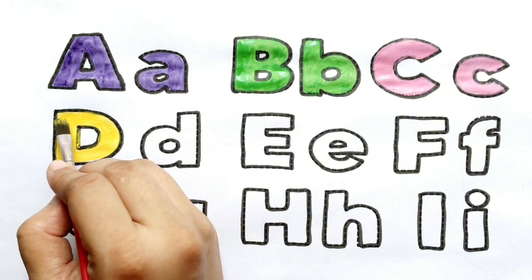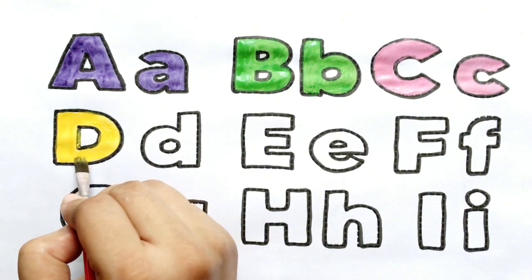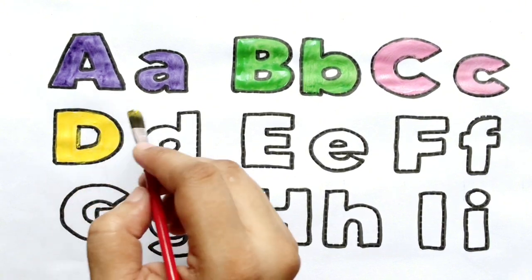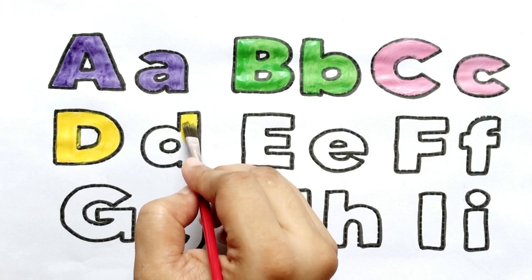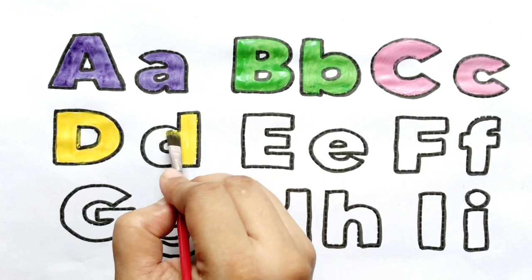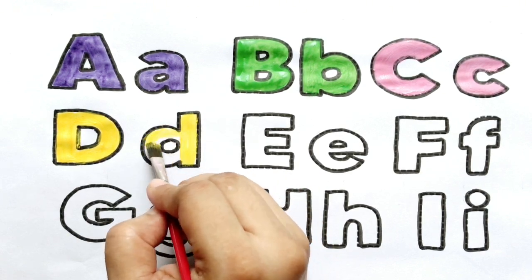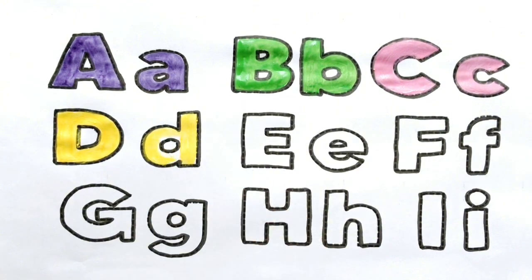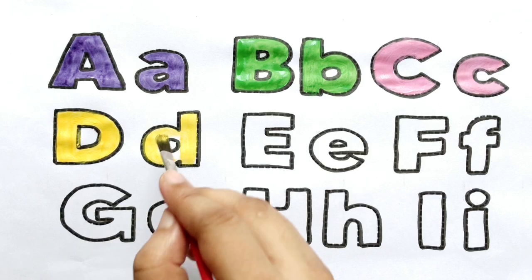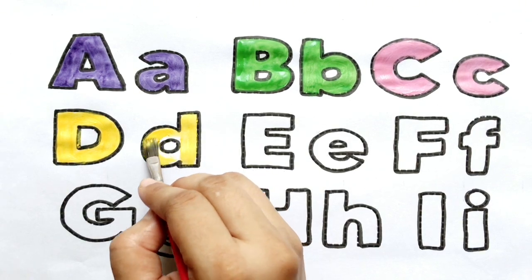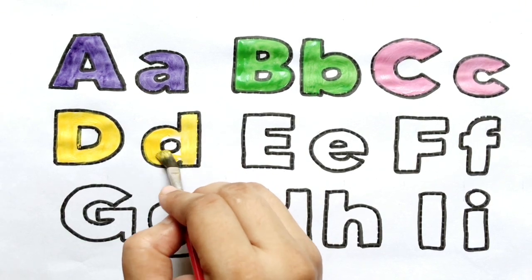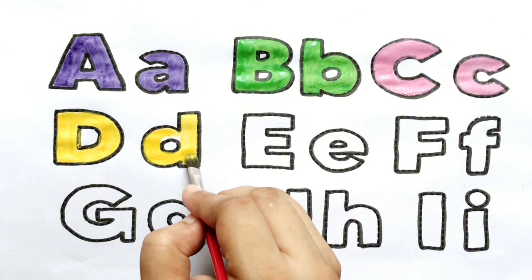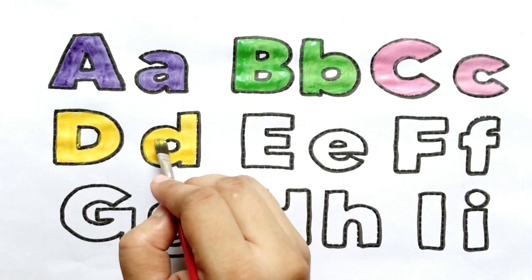A B C D E F G H I J K L. Lowercase letter D. D for dog. R S T U V W X Y and Z. Now I know my ABCs. Next time, won't you sing with me?